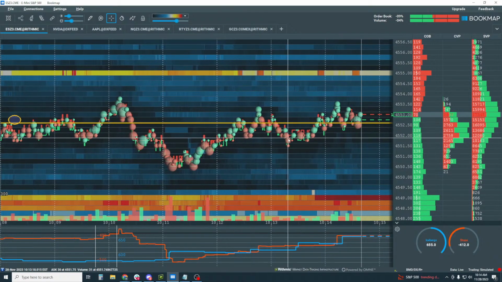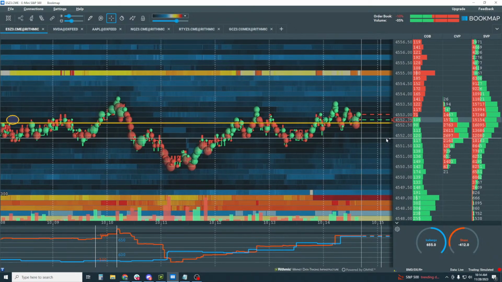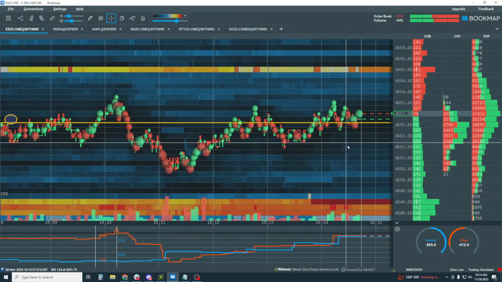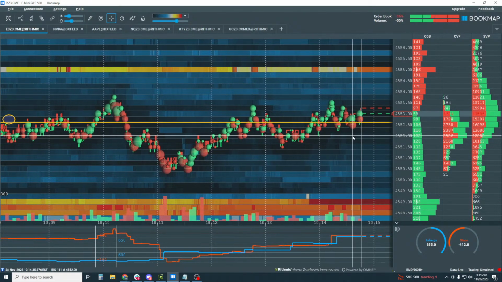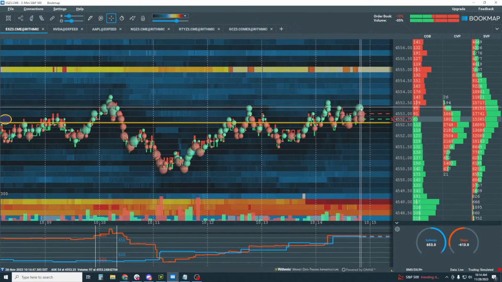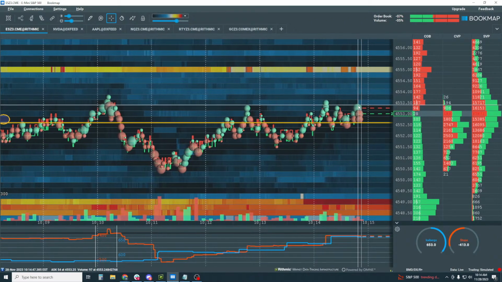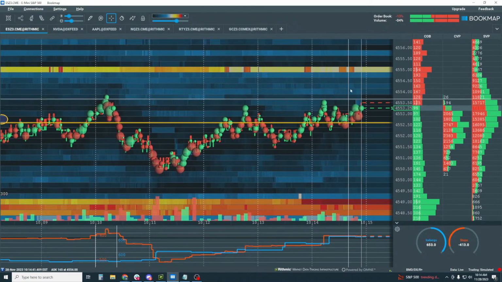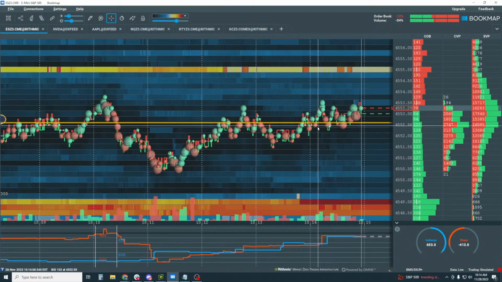Looking for it. Now, we're not getting too much out of the order book supporting underneath here. But if we do, then it's much more probable that we'll get our move higher here.